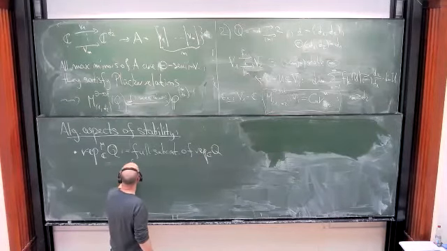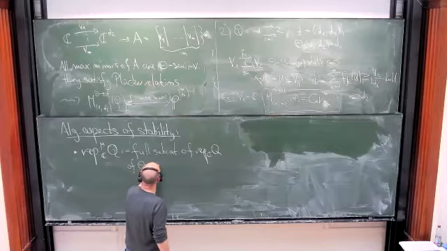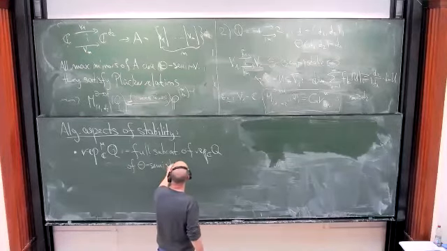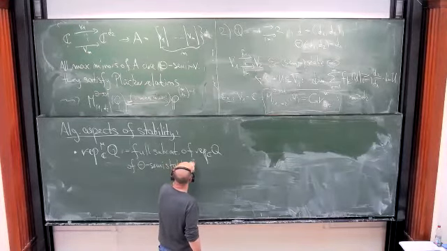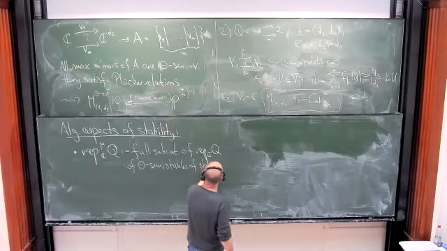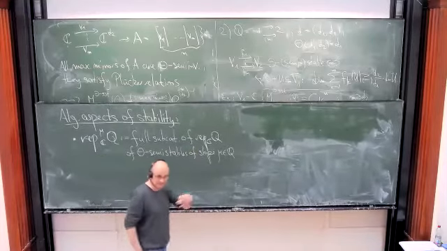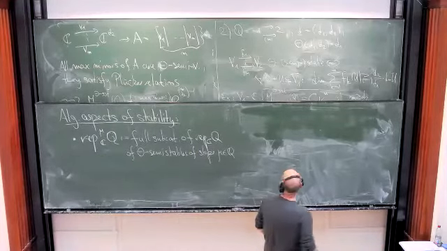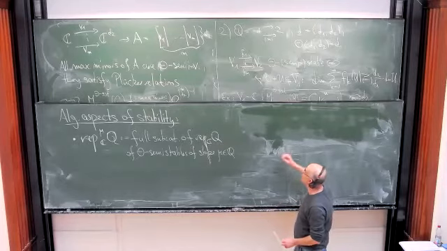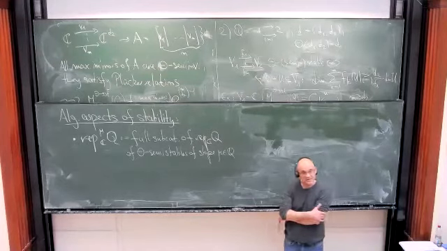of theta semi-stables of slope mu. And now I view this mu just as a rational number. So the slope, as I already told you, only depends on the dimension vector of the representation.